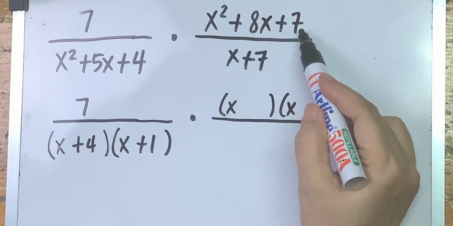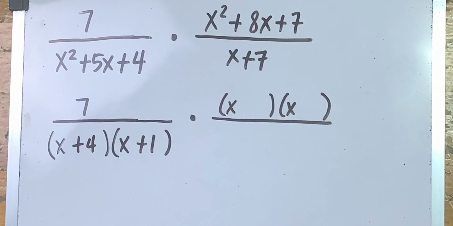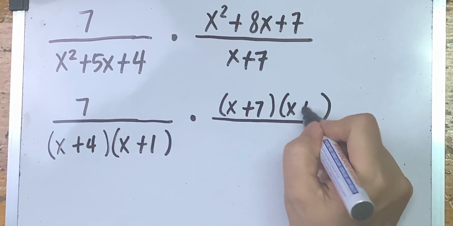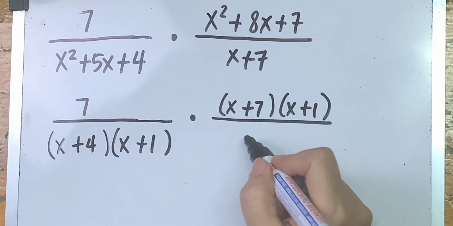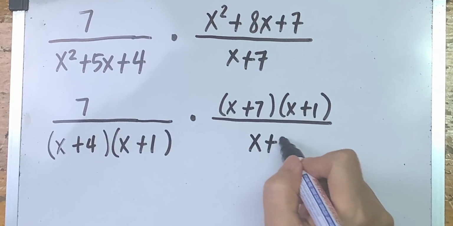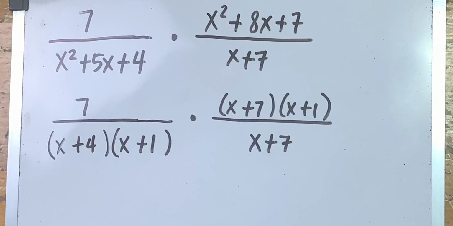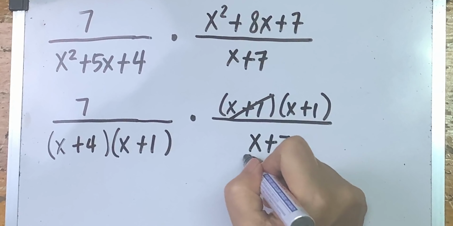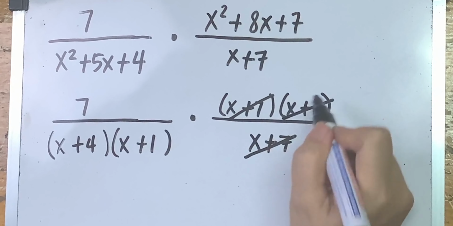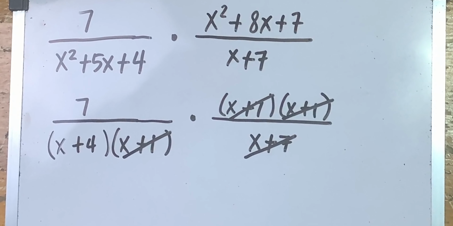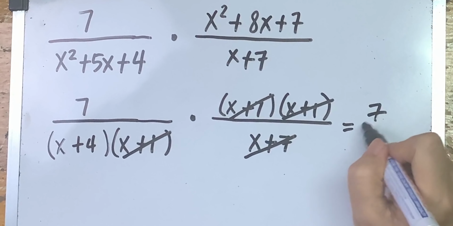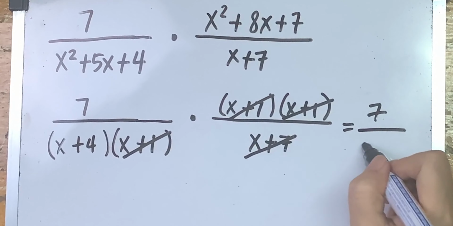At factor ng 7 na magbibigay sa atin ng positive 8 is simply plus 7 and plus 1 over the denominator of x plus 7. Okay. You notice, pwede tayong mag-cancel nitong x plus 7 here, tsaka ito. Ganun din dito. Leaving us with just 7 times 1 is 7 over x plus 4.